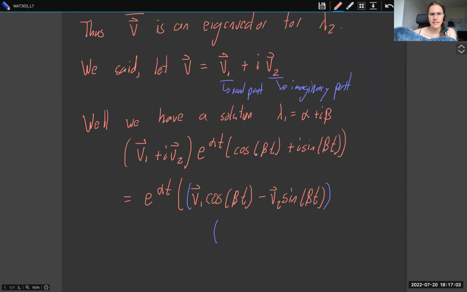And then plus i, and then we have V1 sine beta t plus V2 cosine beta t.